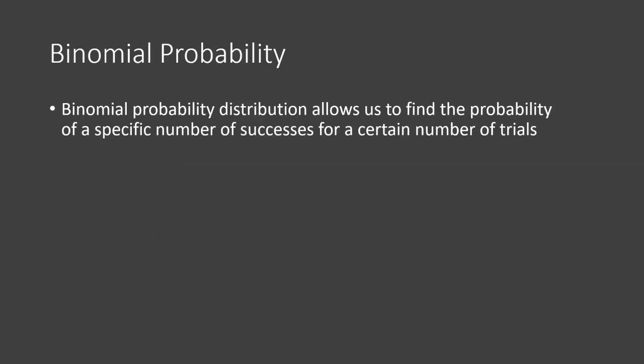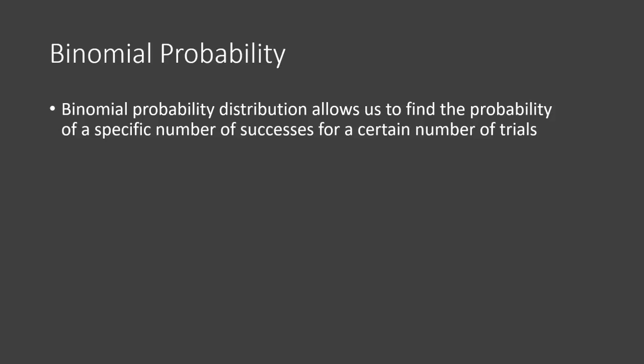So a binomial probability distribution allows us to find the probability of a specific number of successes for a certain number of trials. That's the textbook definition. Now, what does that mean? Let's say you work in sales, and you have 25 customers that walk in.